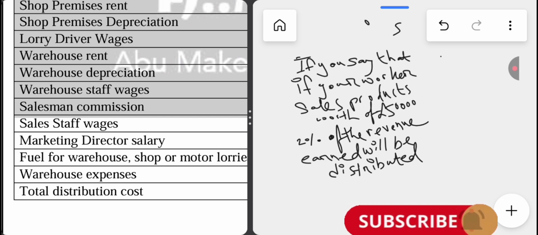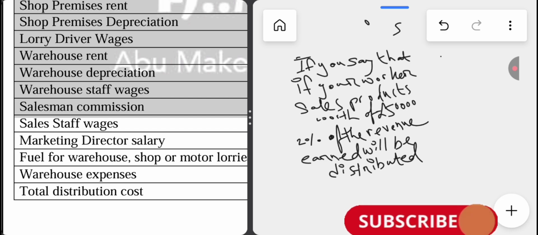Now this 2% of the revenue that will be distributed is known as commission, and this is a monetary method of motivating your salesmen or your workers to work efficiently and sell more products, right?